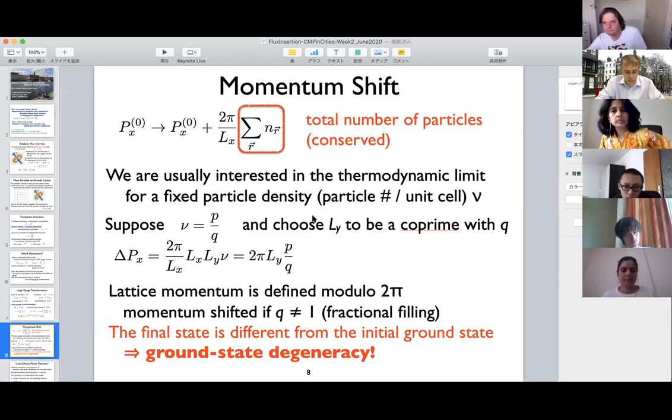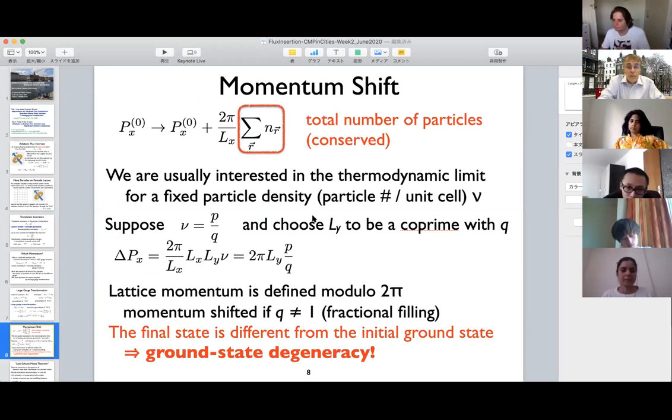Then we are usually interested not in a specific system size like 32 by 33, but in the thermodynamic limit for a fixed particle density, that is, particle number per unit cell. In this case of a square lattice, it is the particle number per site. So let nu be the particle number per site.